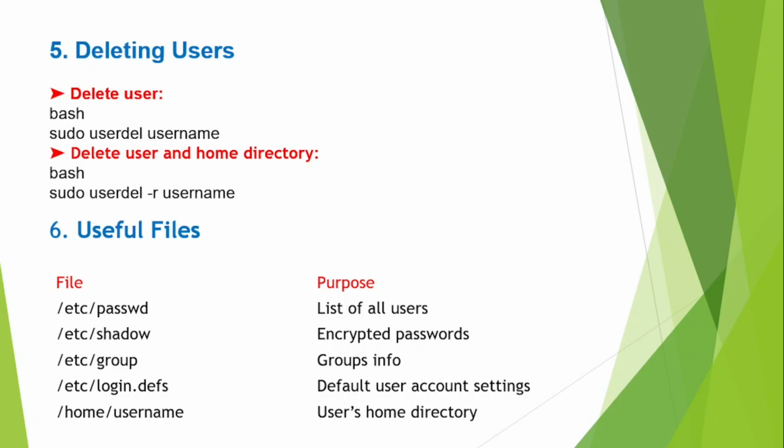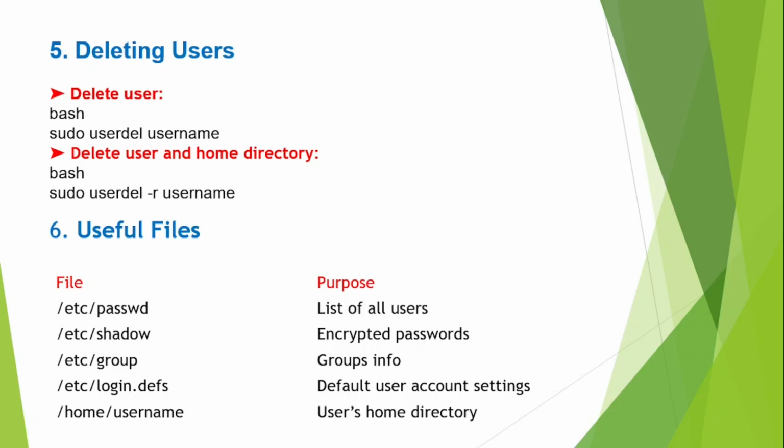All our configuration files, not only for user management but also if you go to networking, file systems, or Samba, are stored under /etc. The /etc is like a folder system, or volume kind of thing, a file system mount.